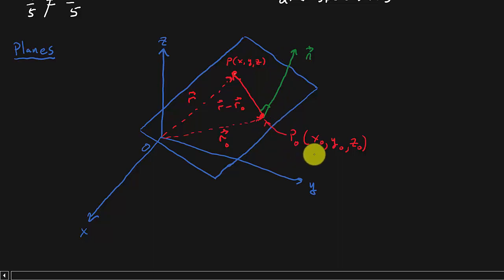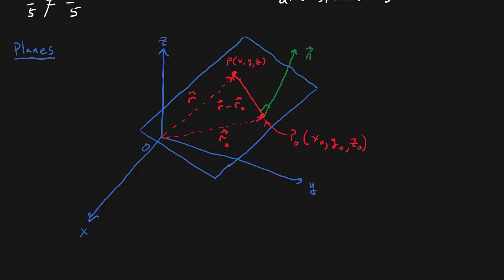Now I have a vector R0 that goes to point P0, and I have a vector R that goes to point P. All right, so N is perpendicular or orthogonal to the plane, and it's orthogonal to every vector in that plane.